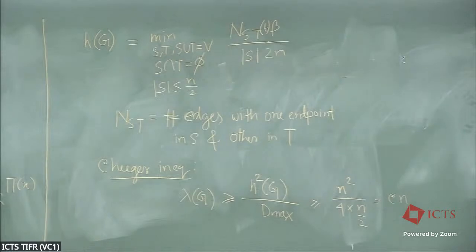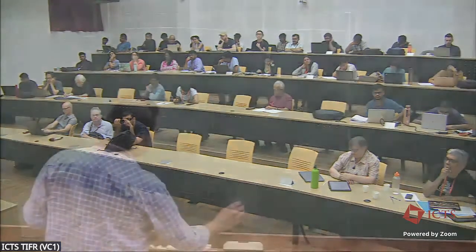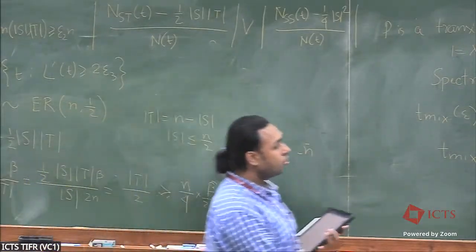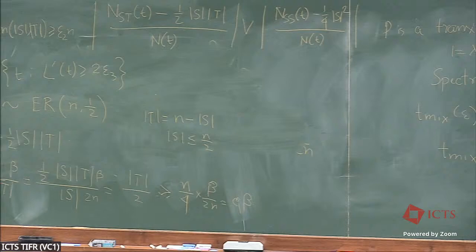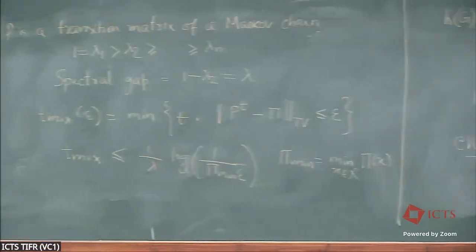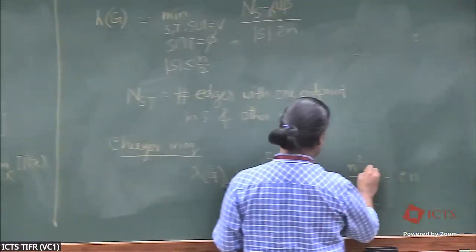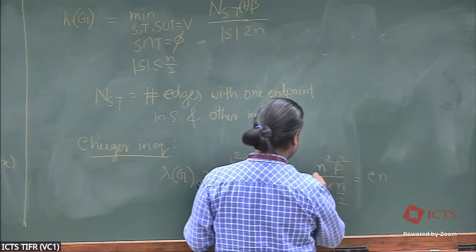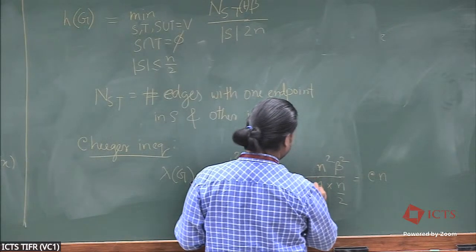So there will be one beta by 2n. So here some constant C1 times beta, and here also there will be 2 times beta. So there is beta square, and here it will be some 2 times beta.